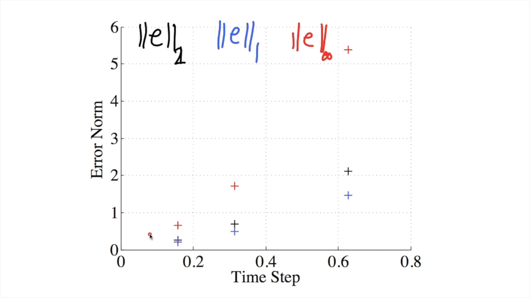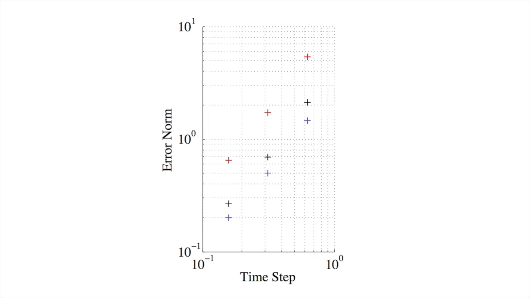We can see the same thing if we go to a logarithmic plot, which is the next plot we want to look at. We're looking at the same data for error versus time step, now plotted in log scale, with both axes logarithmic. Here we have the 2 norm, this is the 1 norm, and the reds are the infinity norm.